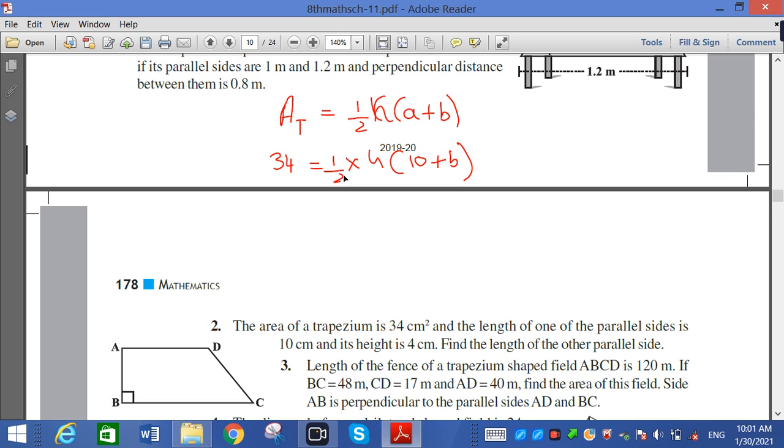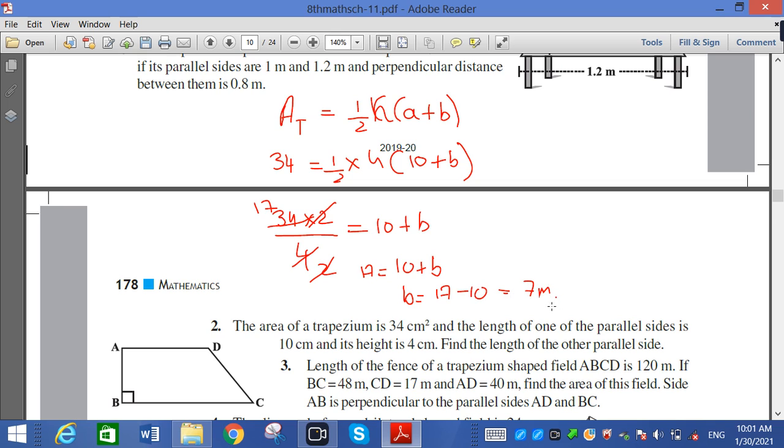So first multiply by 2: 34 into 2 divided by 4 is equal to 10 plus b. Now 2 2s are 4, 17. So 17 is equal to 10 plus b. So b is equal to 17 minus 10, that is 7 meter. So 7 meter is the answer.